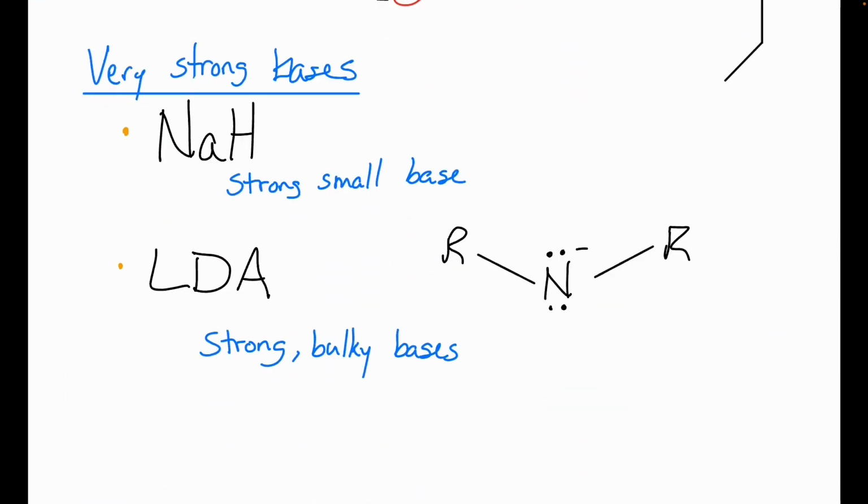What we're going to see is that we can sort of tune our reaction conditions if we start out with an asymmetric aldehyde or ketone, really just an asymmetric ketone.